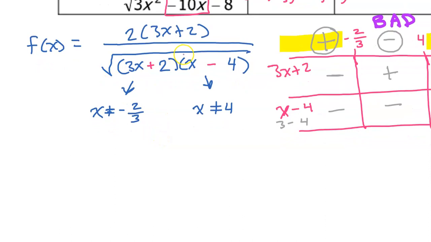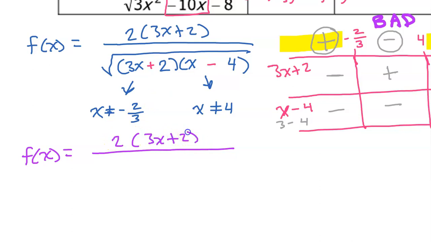Let's rewrite this using exponents. We know that square root is the same thing as the 1/2 power. So I'm going to rewrite f of x. In the numerator, I will still have my 2 times 3x plus 2. But in the denominator, where I have the square root, I will have 3x plus 2 to the 1/2 power times x minus 4 to the 1/2 power.